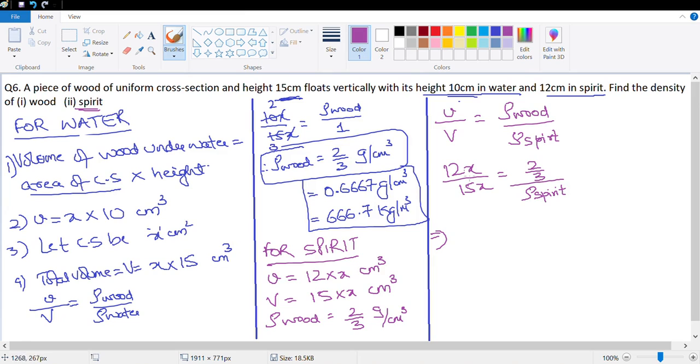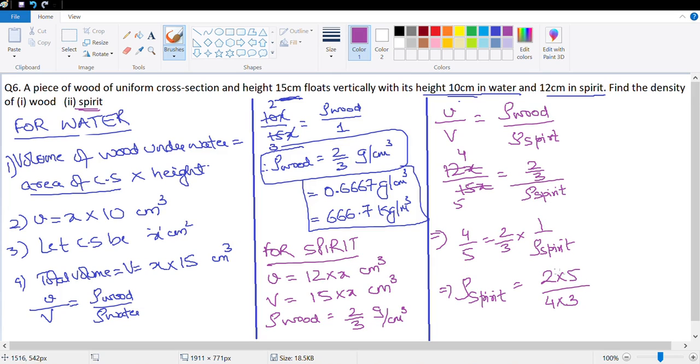This would be 3 into 4, 3 into 5, that's 4 by 5 is equal to 2 by 3 into 1 upon density of spirit, which means density of spirit would be equal to 2 into 5 upon 4 into 3.